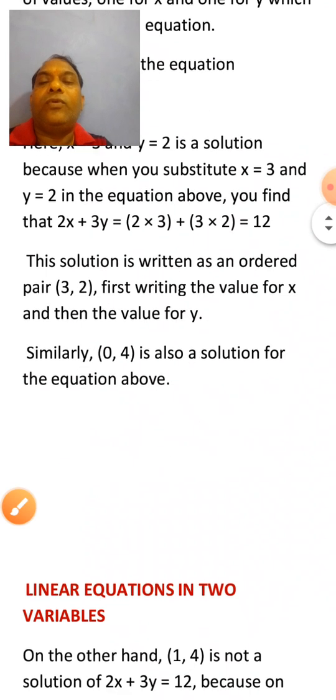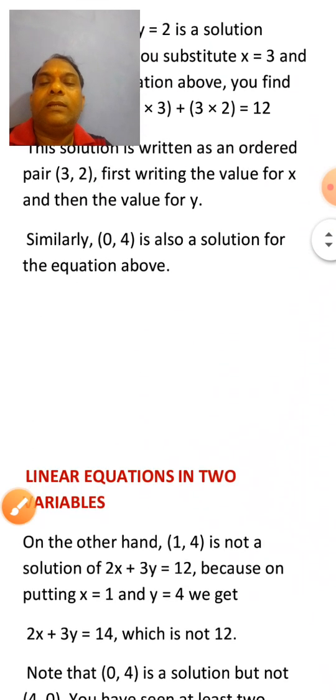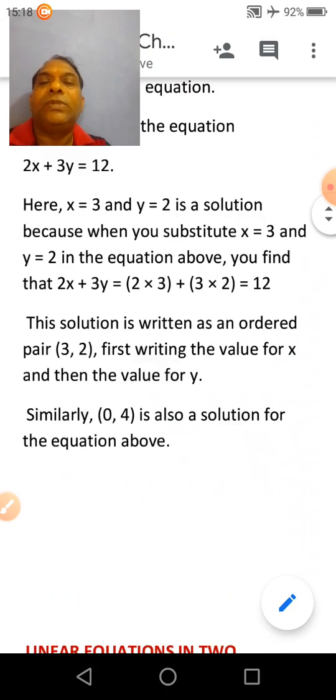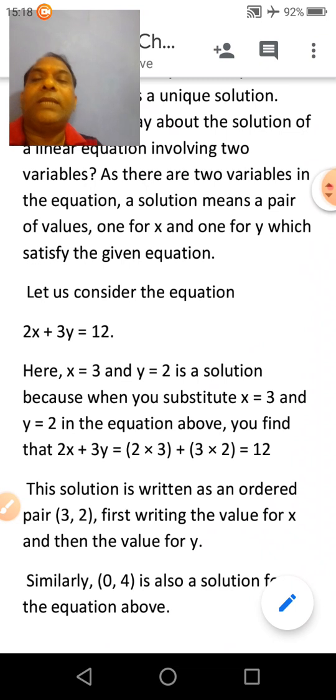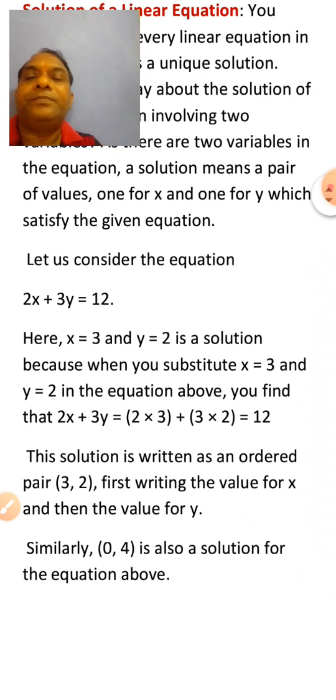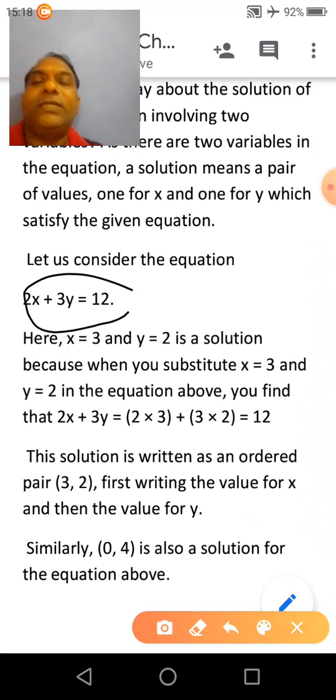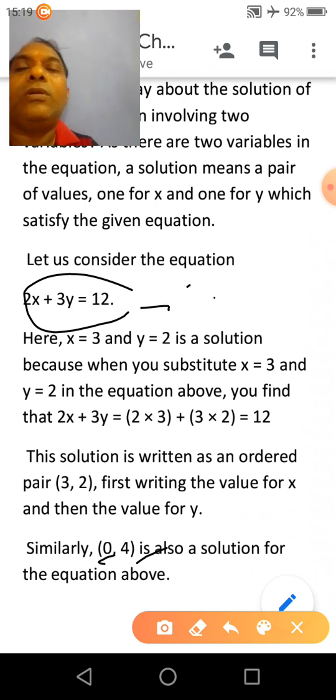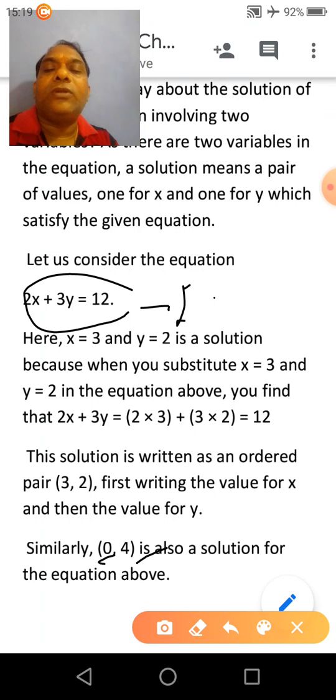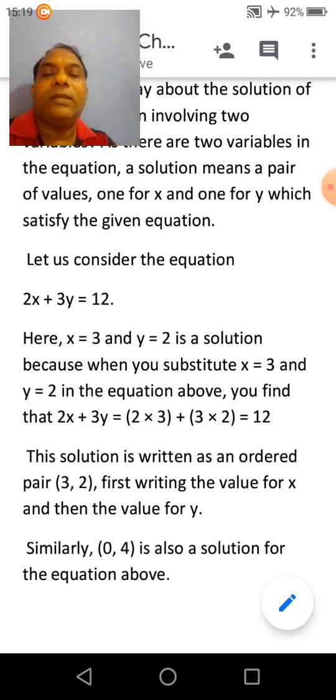For example, if you put x is equal to 0 and y is equal to 4, then this is equal to 2 into 0 plus 3 into 4, equal to 12. Clear? So (0, 4) is also a solution.